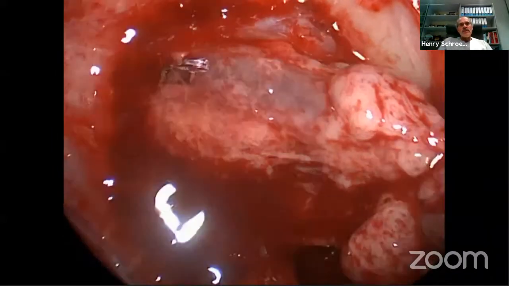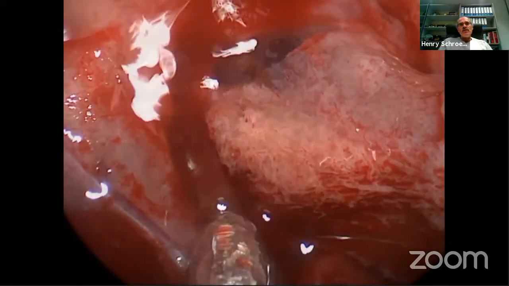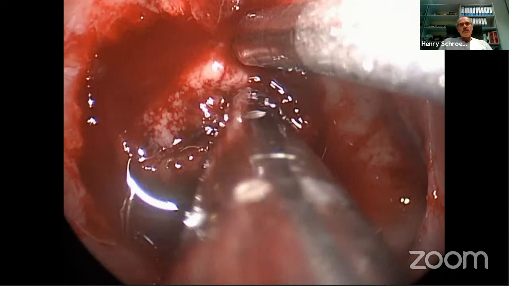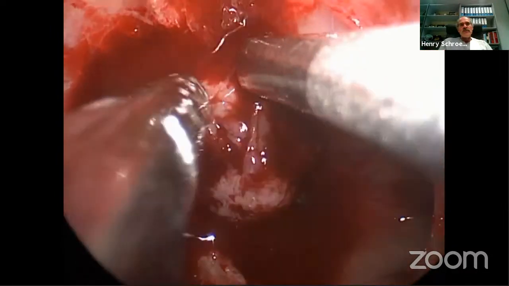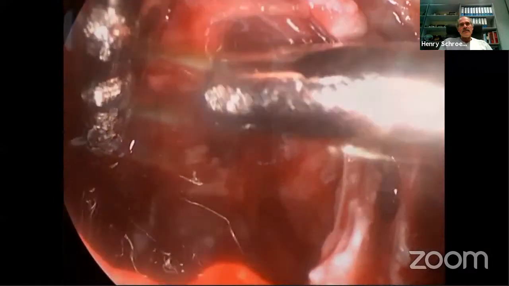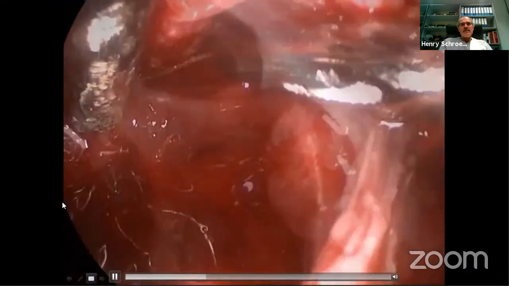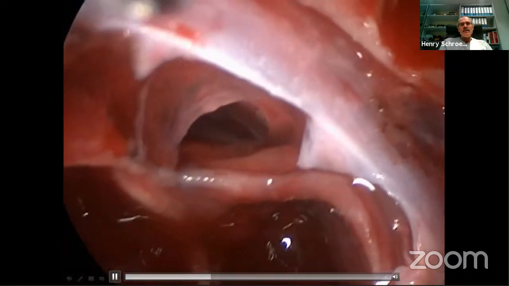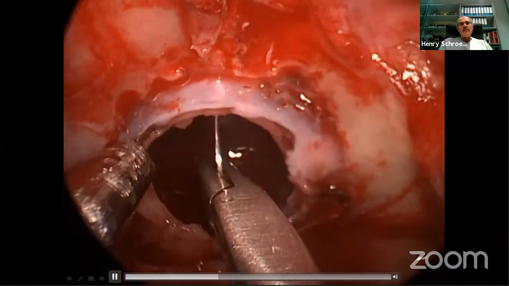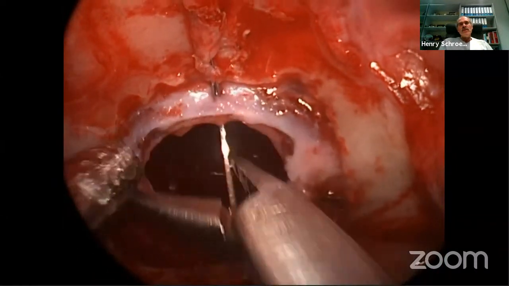Then we resect the tumor, and you see a major CSF leakage. So tumor resection is continued. And here you see, this is inside the dura, this is above the diaphragma. So I cut the diaphragma completely from the dura. And then to close this, glue was, I think, not sufficient.